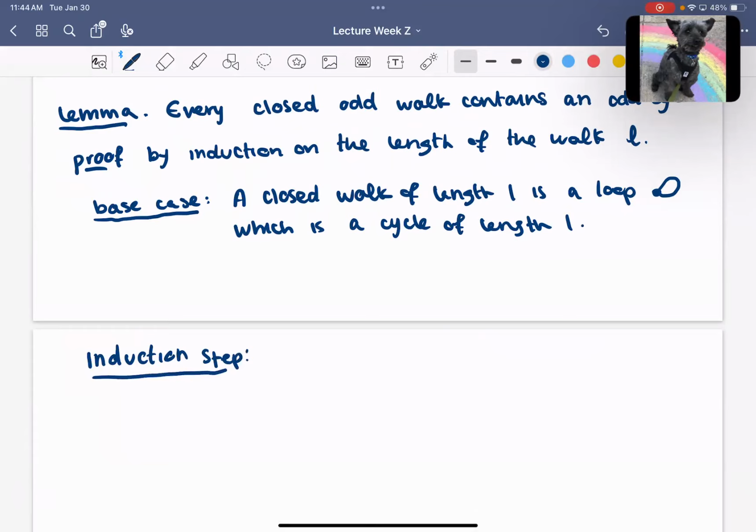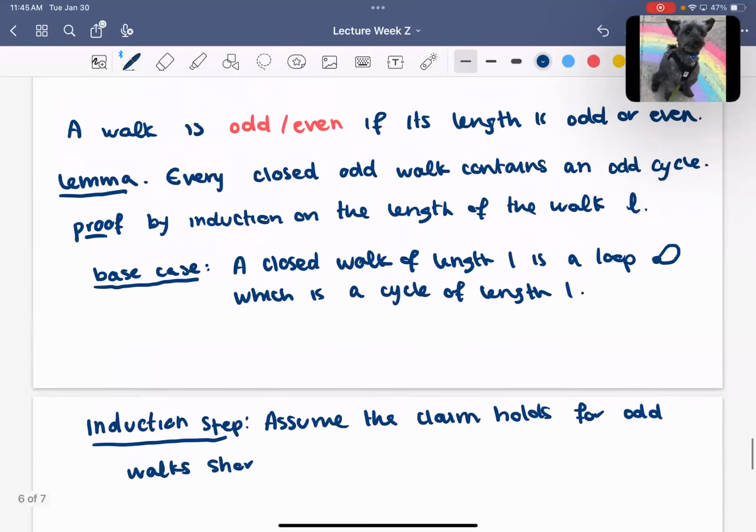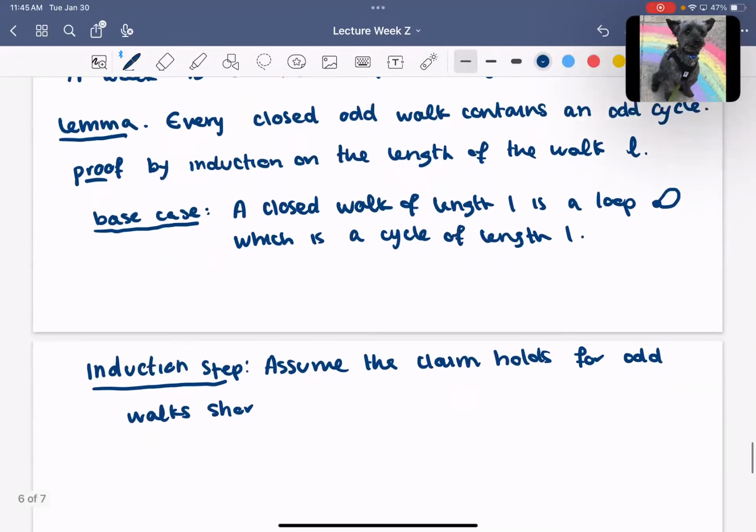So for this, we need to assume the inductive hypothesis. So we'll assume the claim holds for odd walks that are shorter than W. Anyway, I think I need to say more here.